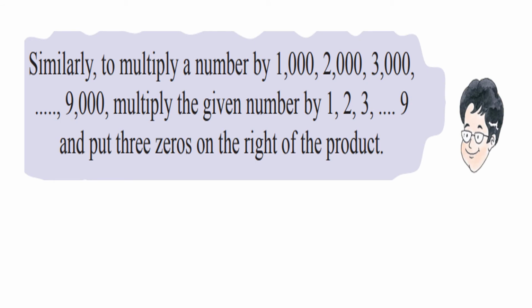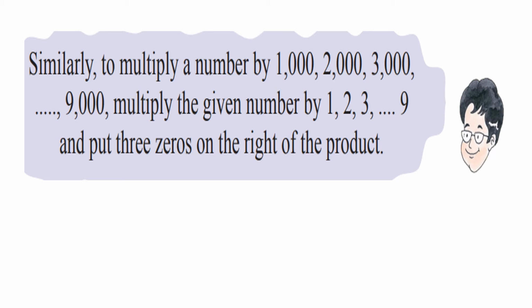Next is similarly to multiply a number by 1000, 2000, 3000, 4000, or 9000. Multiply the given number by 1, 2, 3, 4, or 9 and put 3 zeros on the right of the product.